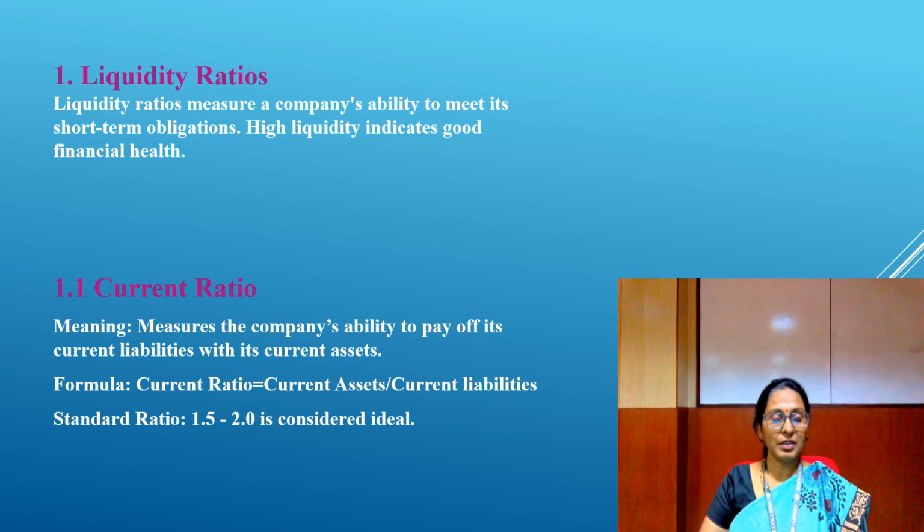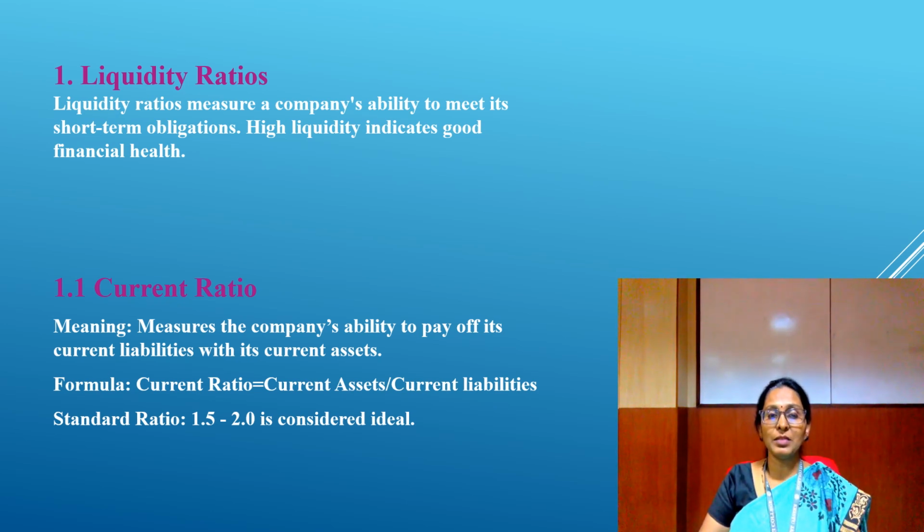Depending on the purpose and the person who is going to use these ratios, we have different classifications of ratios. For example, if I am an investor, I may be looking into the profitability of an organization. My interest is to know what profit the organization is making and how much profit is given to the end users.